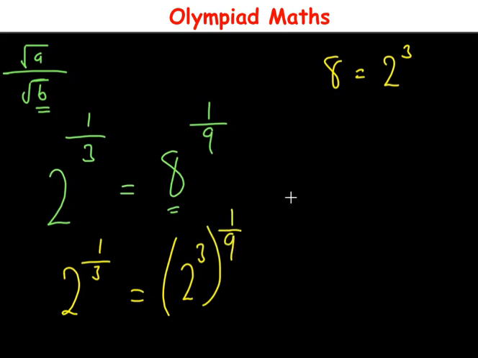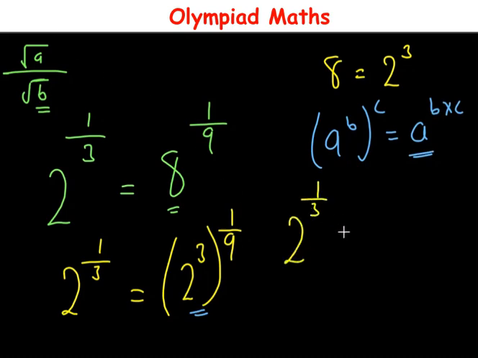Now, at this junction, we're going to apply this rule that if you have a raised to power b all raised to power c, this equals a raised to power b times c. So applying this rule right here, what we then have is 2 raised to power 1 over 3 is equal to 2 raised to power 3 multiplies 1 over 9. 3 times 1 is 3 over 9.